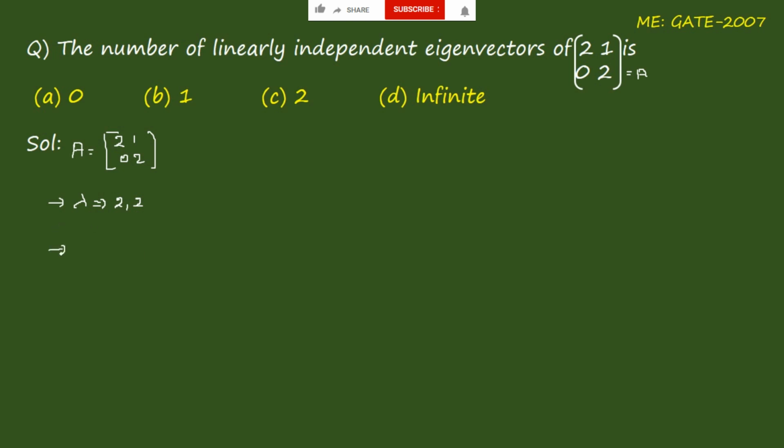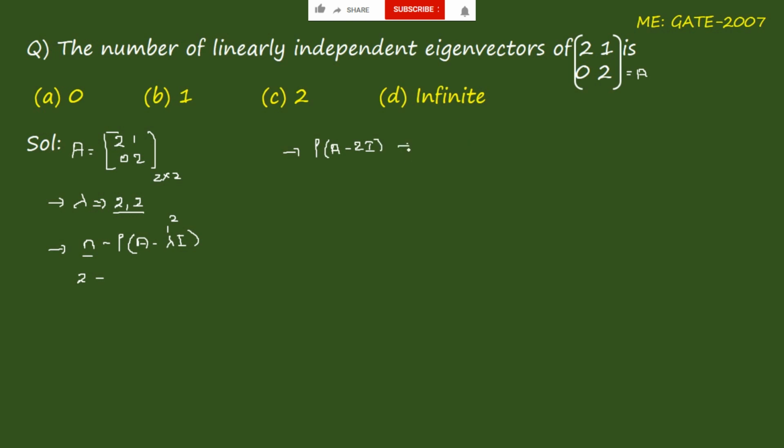Now the number of linear independent eigenvectors in the case of repeated eigenvalues is given as n minus rank of A minus lambda I, right? So where n is nothing but order of matrix A, it is 2 cross 2 matrix, so n is nothing but 2, minus rank of A minus lambda I. Lambda is given as 2, so we have to find the rank of A minus 2I.